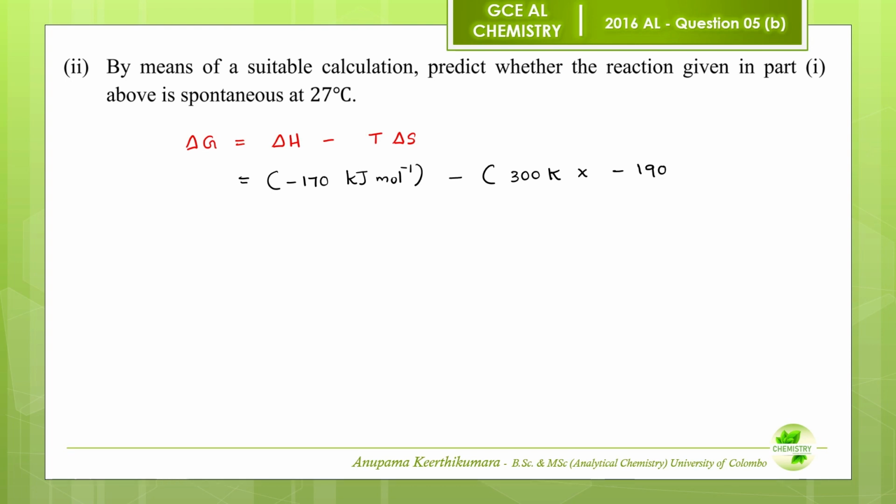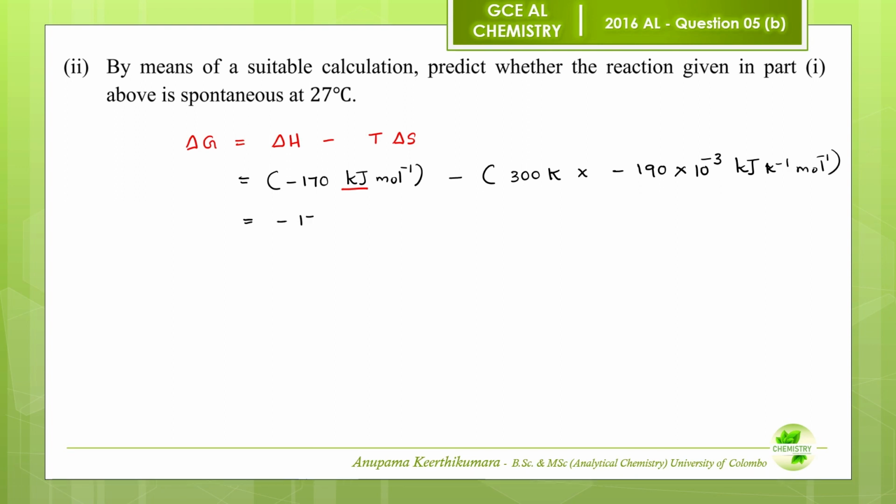The unit of enthalpy change is kilojoules per mole. Therefore, the unit of entropy change has to be converted to kilojoules. For that, you can divide 190 by 1000, or we can write 190 times 10 to the negative third kilojoules per Kelvin per mole.